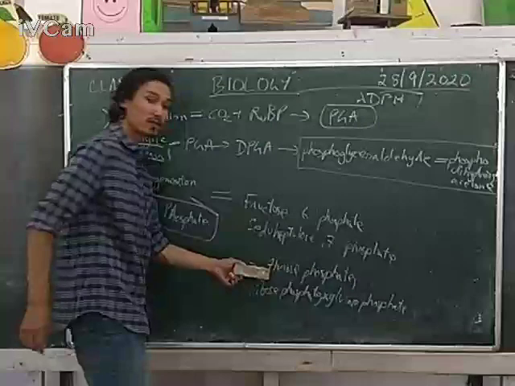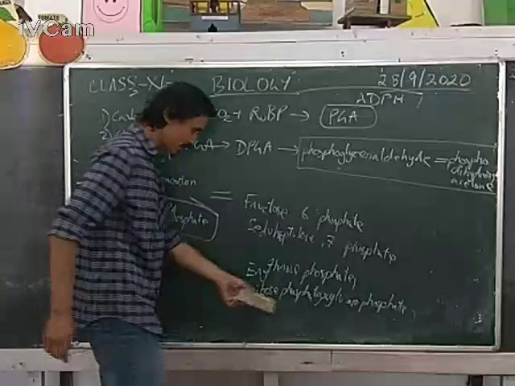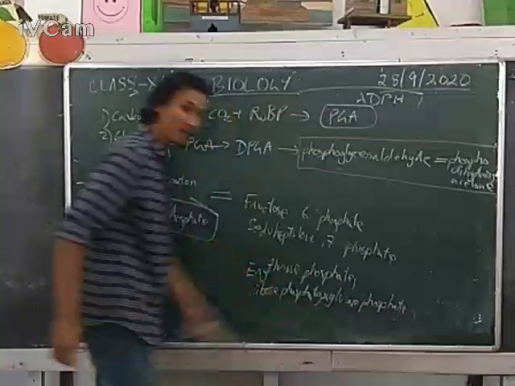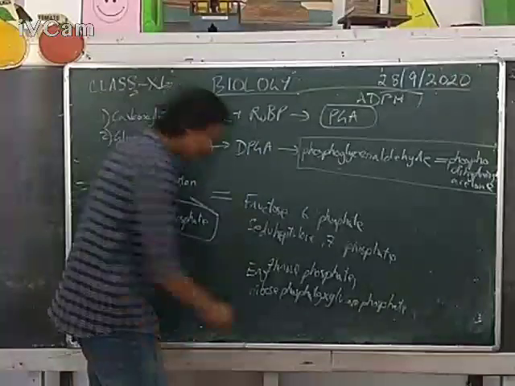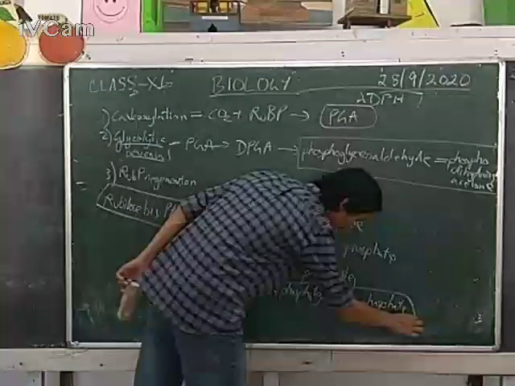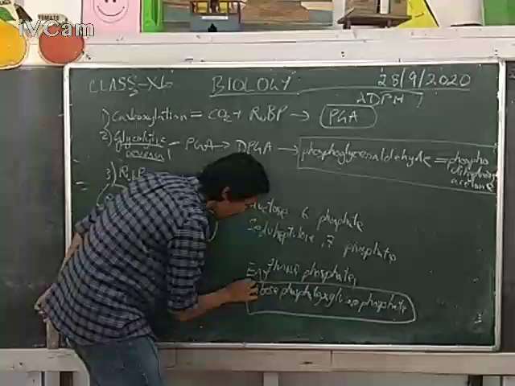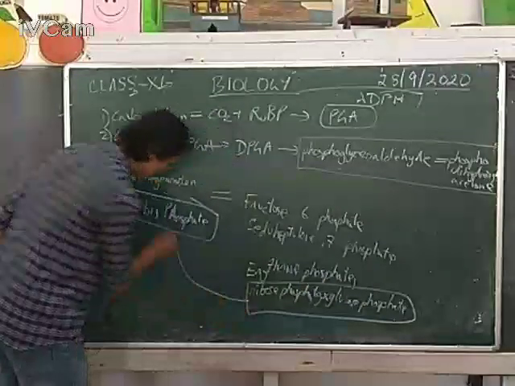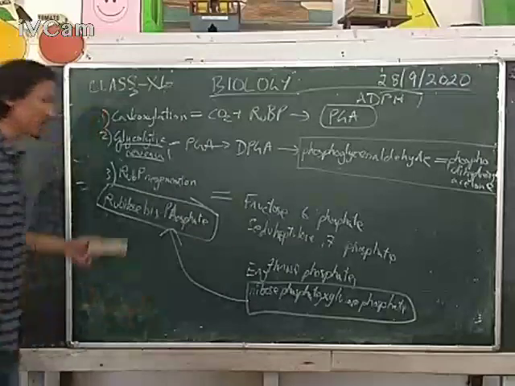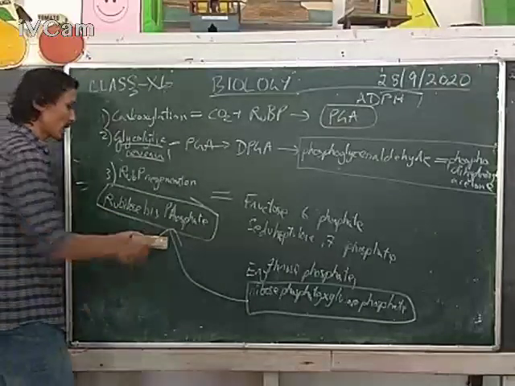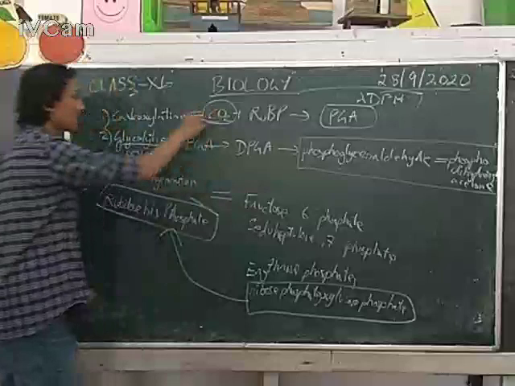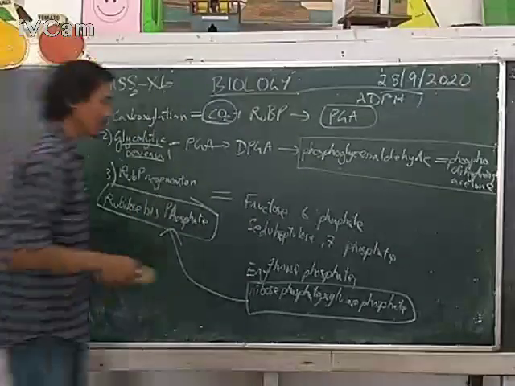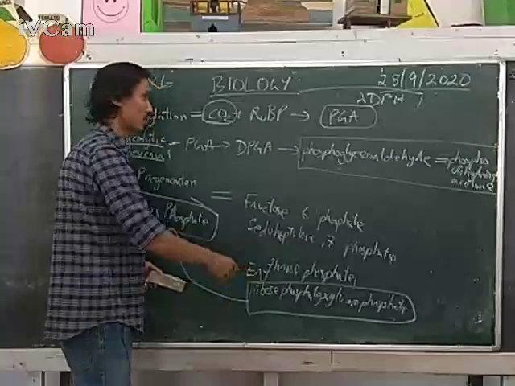Erythrose phosphate is a 4-carbon compound, and ribose phosphate and xylulose phosphate are 5-carbon compounds. Now, these 5-carbon compounds undergo a series of reactions and conversions, finally producing ribulose bisphosphate. This compound again combines with atmospheric carbon dioxide. So this cycle keeps on continuing.